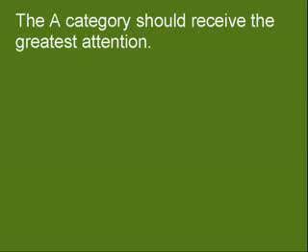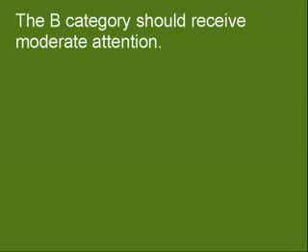The B category should receive moderate attention. Usually items in this category are used to help produce or maintain items from the A category, and are therefore necessary but not as valuable as the A category items. For example, machine oil.